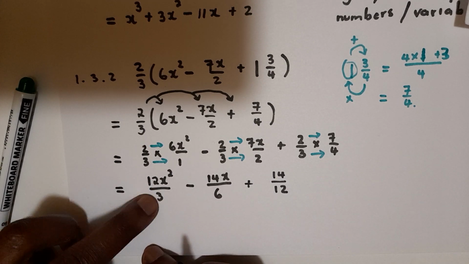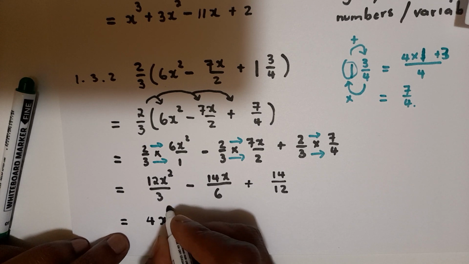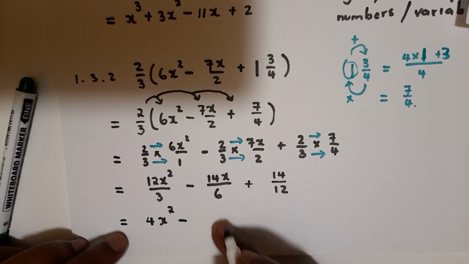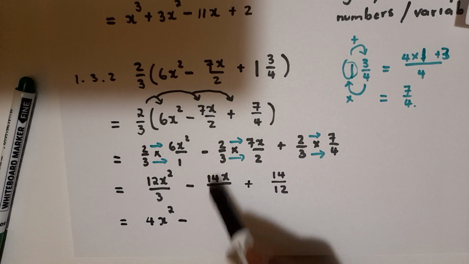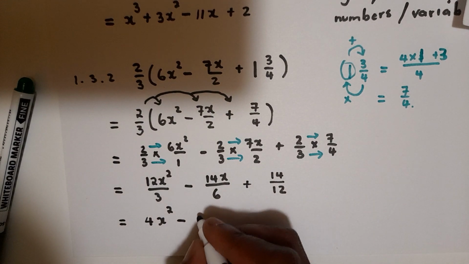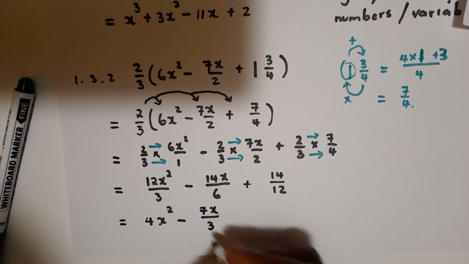This, we see 12 divided by 3 gives us a 4 with x squared. Then we have negative. Simplifying this further, it means the highest common factor here should be a 2. 14 divided by 2, it's 7x divided by 3.